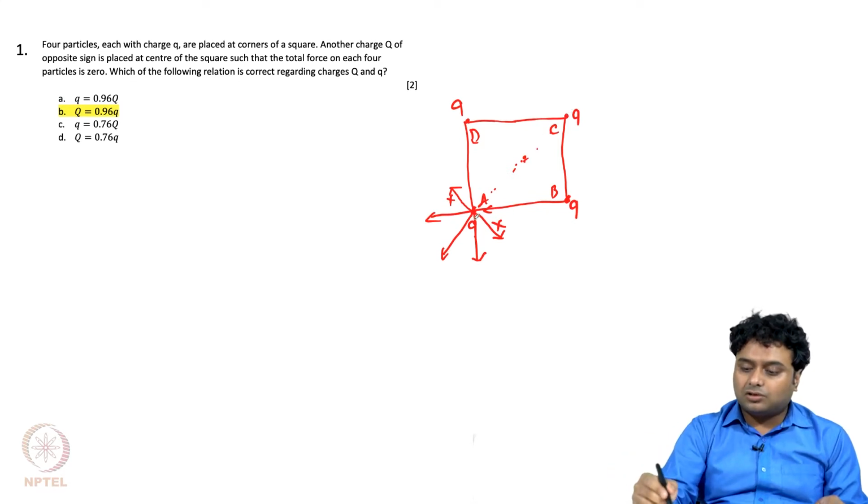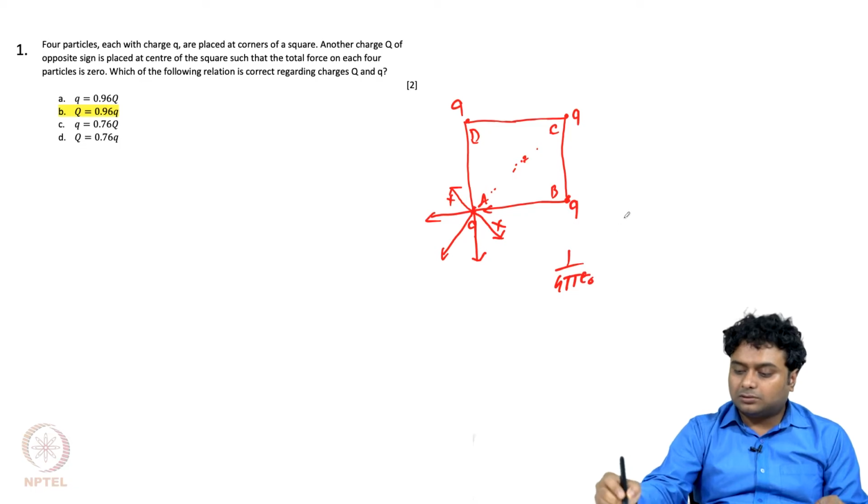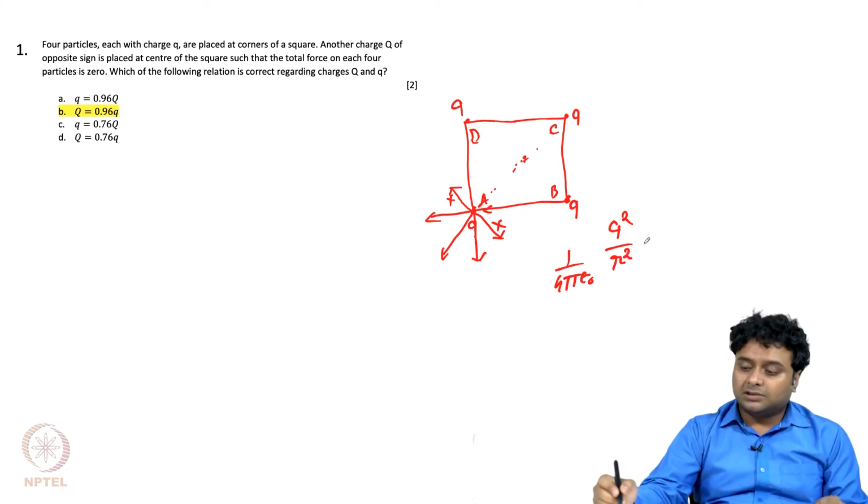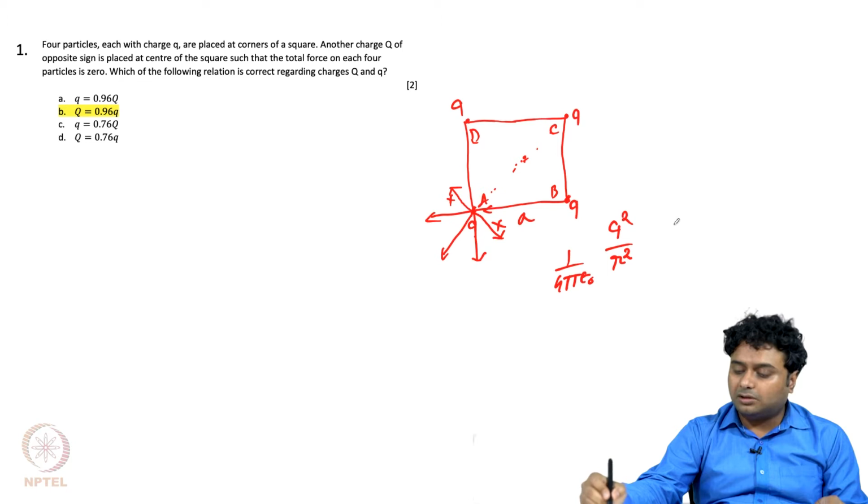Now, what is the force between them? What is the repulsion force? We know it is 1 by 4 pi epsilon naught q square by r square. That is the formula. Now, let us say that each of these arms, which are the square's sides, is A, and 1 by 4 pi epsilon naught is equal to k.